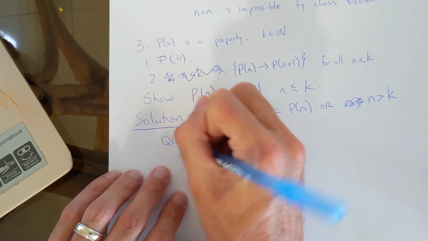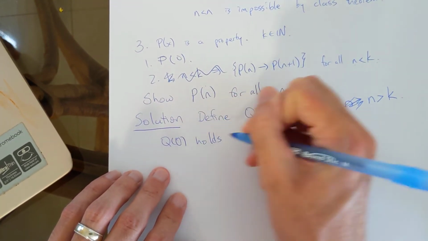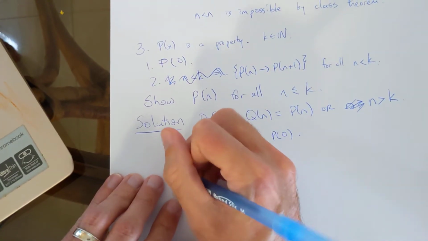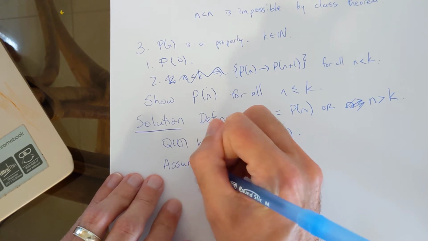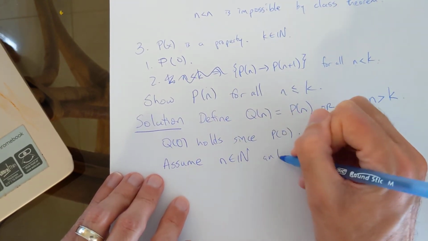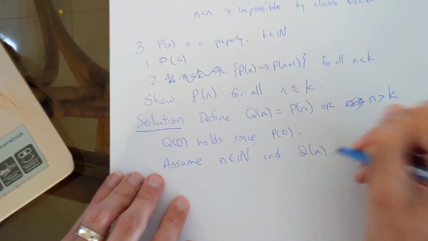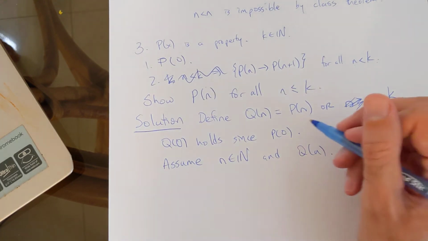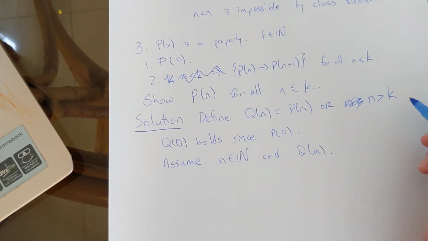So Q of 0 holds, since P of 0 holds. Assume n is a natural number, and assume Q of n. So there's two cases, either P of n or n is bigger than k.